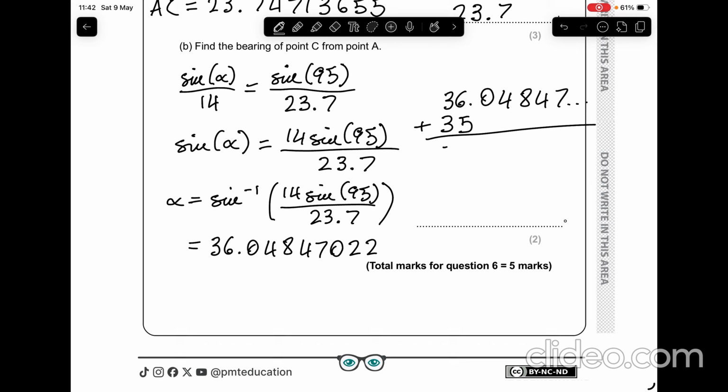That will get us 71.04847022. Now remember, when we write bearings, it needs to be 3 digits and a whole number. So, to the nearest degree, this is 71 degrees. So our bearing is 071 degrees.